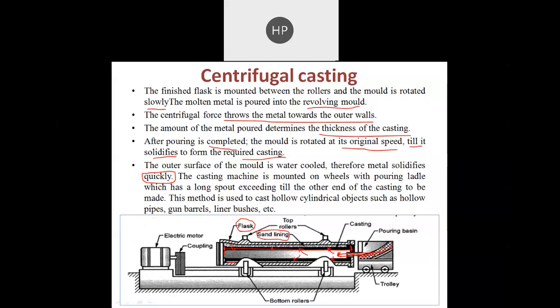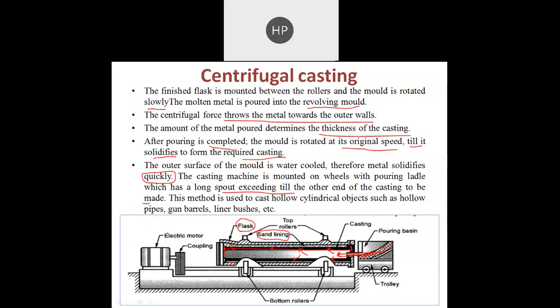So for quick cooling, certain arrangements are made so that water flows all around the molten metal and it solidifies quickly. And the casting machine is mounted on wheels with a pouring ladle with a long spout extending till the other end of the casting to be made.